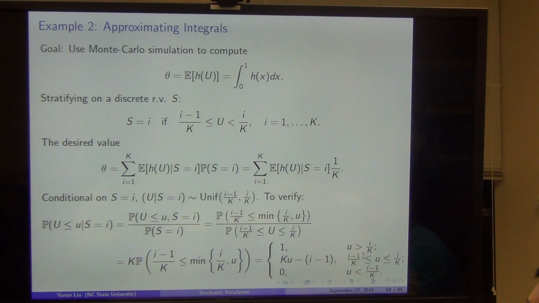It's easy. What I'm trying to do is use mathematics to verify this statement: given U falls into this interval, the distribution of U should be uniform within the interval, which is pretty obvious.